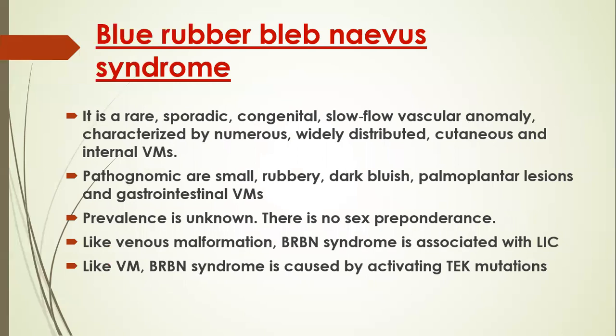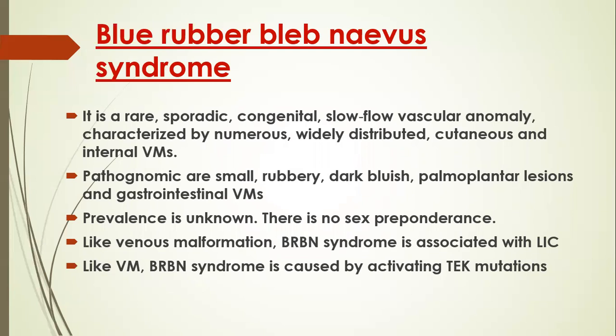Blue rubber bleb nevus syndrome. It's a rare, sporadic, congenital, slow flow vascular anomaly characterized by numerous, widely distributed cutaneous and internal venous malformations.